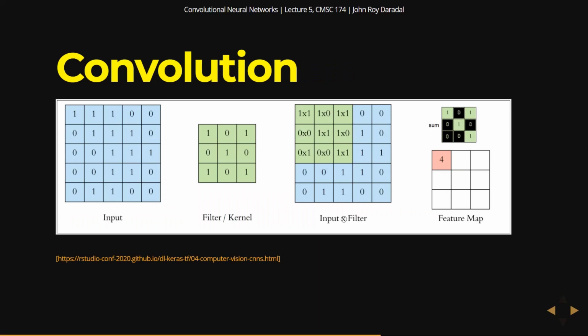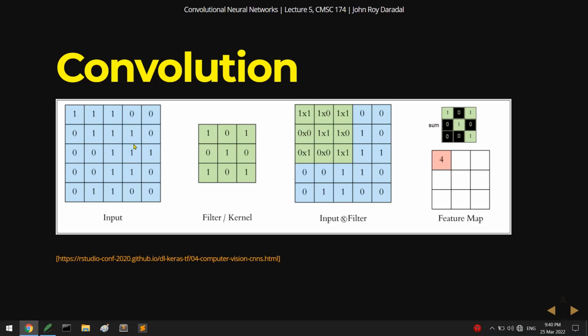Okay, so for convolution filters, of course, we need to do the convolution operation, right? So we have the input image, let's say, which is this matrix, and then we have our filter or our kernel, which is like the cross one. Okay, and what we do is we will align it. So this one is a 5x5 input, right?